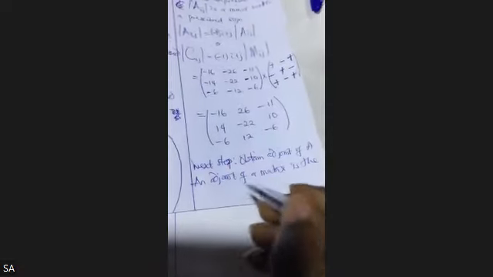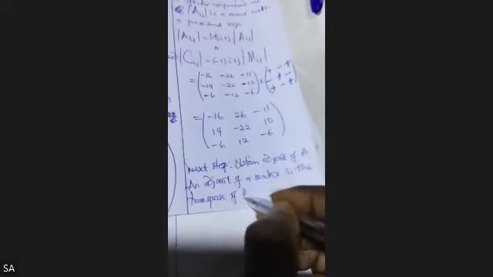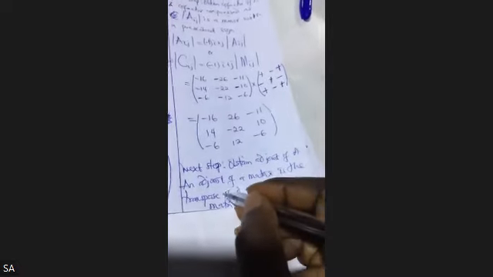I'm using this opportunity to teach you transpose. So if you transpose a cofactor, you get the adjoint. So now let's go there.